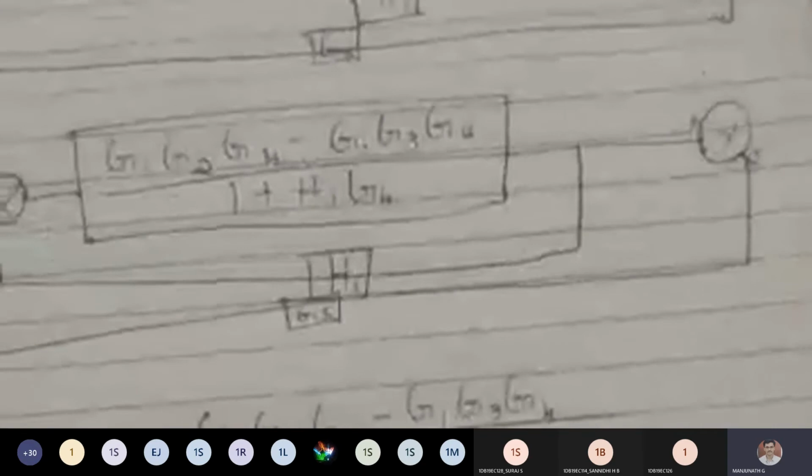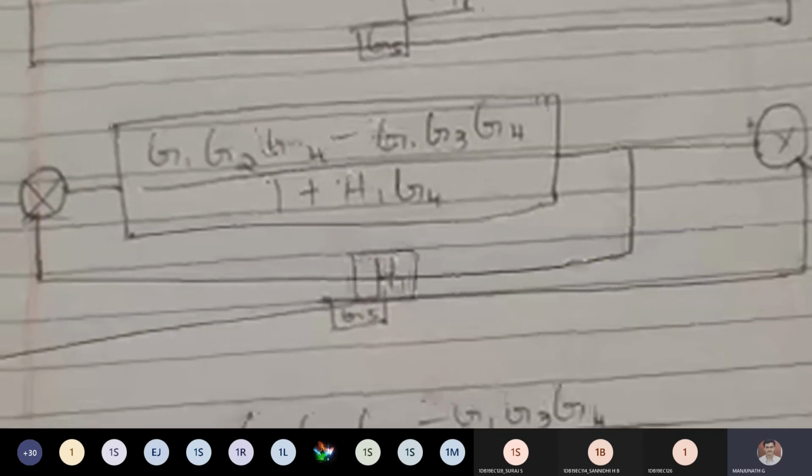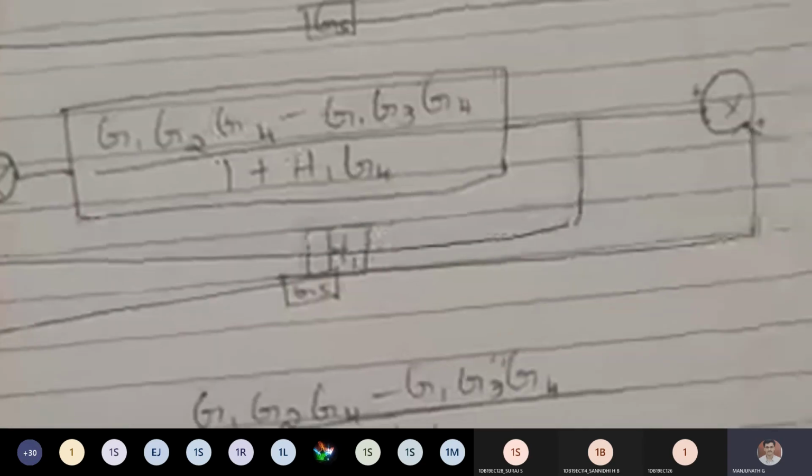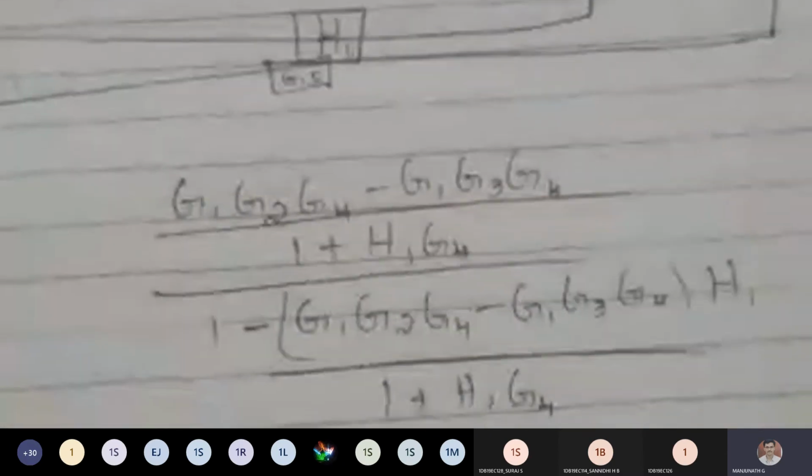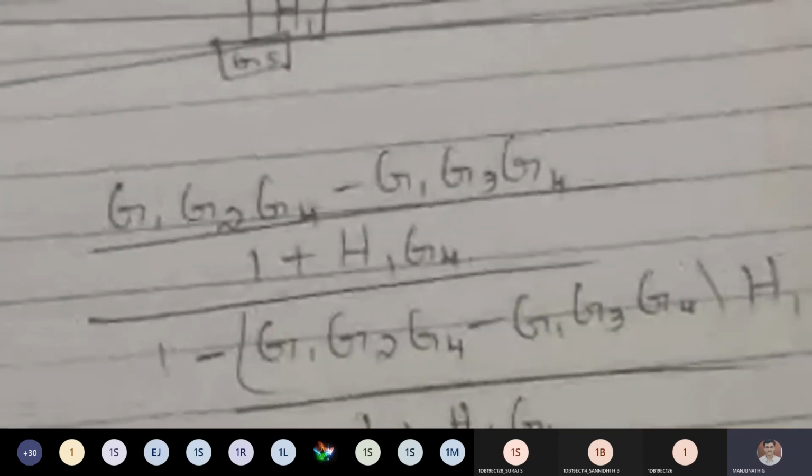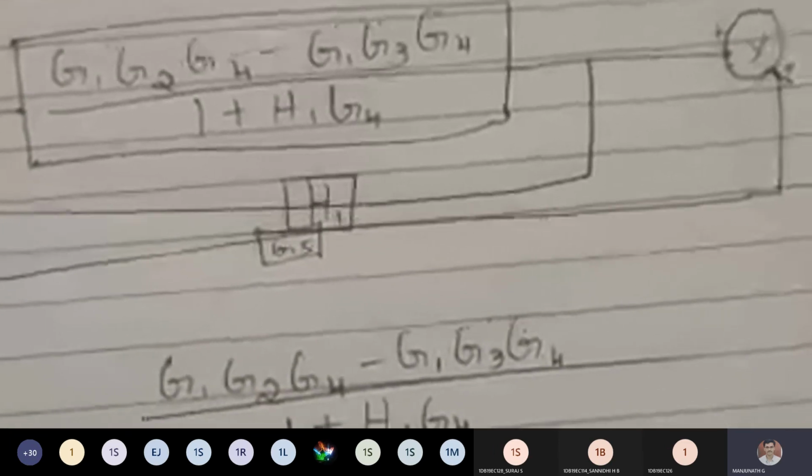Sir, I wrote the equation directly, sir. Okay, fine, G5. Adding the G5 to the equation. See, this is the mistake everyone will make. Once you do this elimination of feedback, that is H1, you will get one single block. That equation you can write like what your friend has written. After that, that answer should be given in parallel to G5. That is one more diagram you are supposed to show.